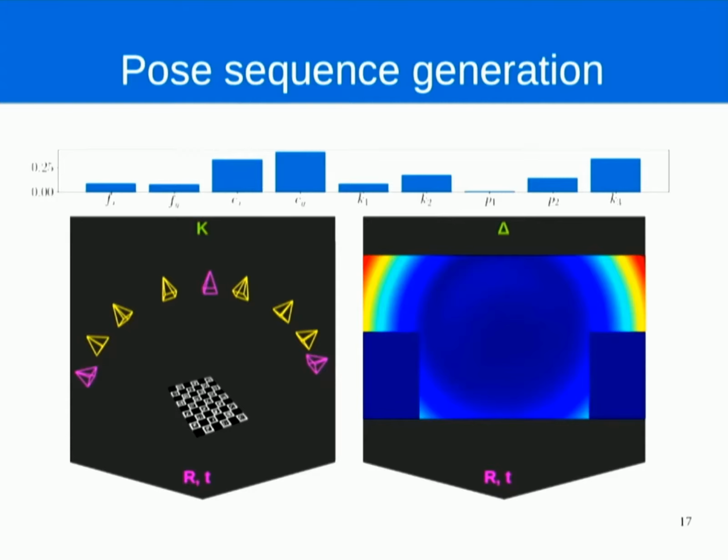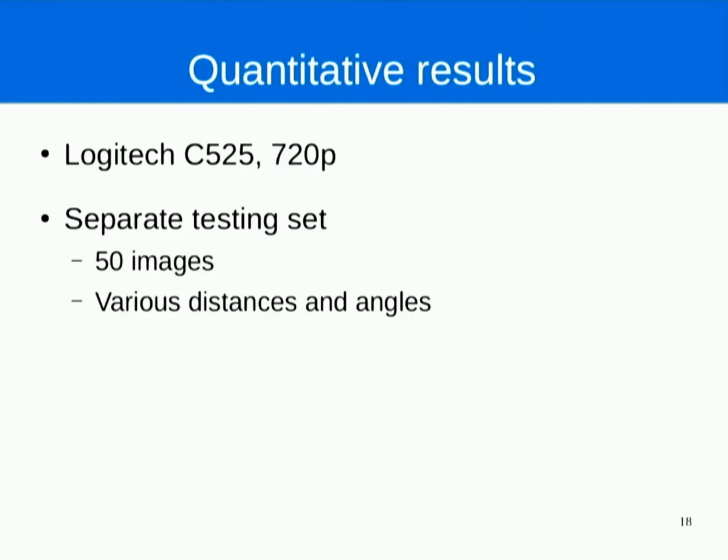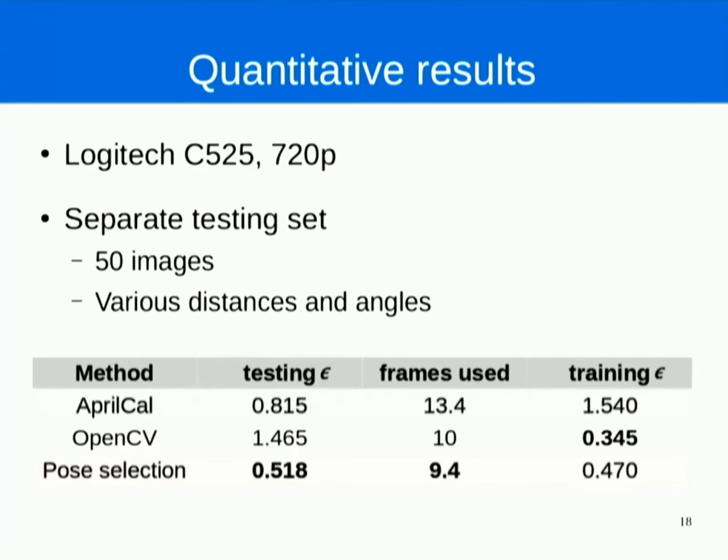So given we have a pose-selection sequence now, let's look at some quantitative results. For this, we used a consumer camera at 720p resolution and recorded a separate testing set consisting of 50 images at various distances and angles. We compared our method to AprilCal, which is the obvious comparison, and OpenCV.